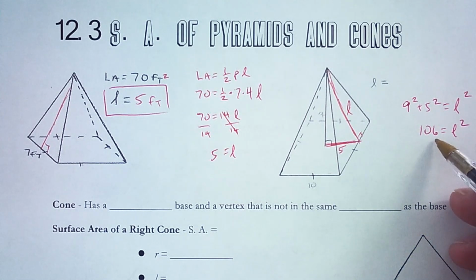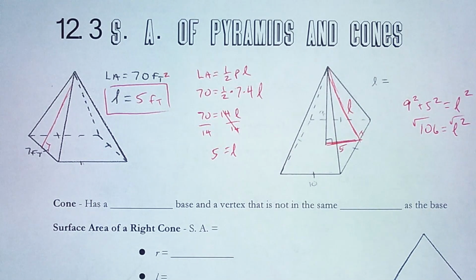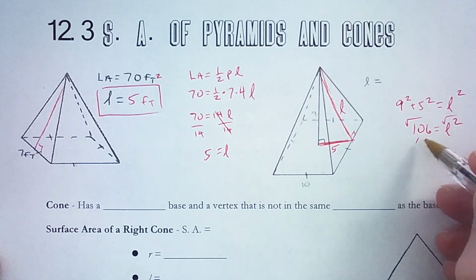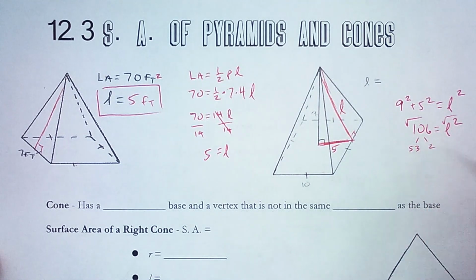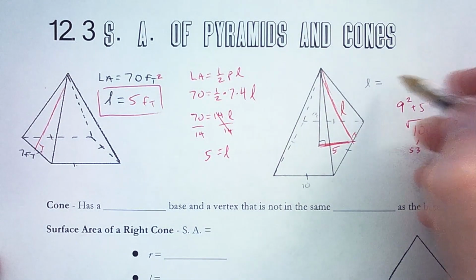Now we can try to simplify this if we can. When we do the square root, we can leave it exact, or we can put it in decimal form. If we want to leave this exact, what multiplies to make 106? There's 53 times 2, and I'm not going to be able to break that down any further, and there are no pairs.